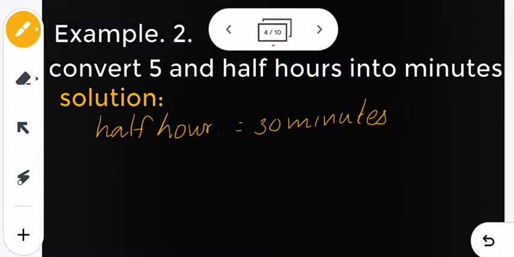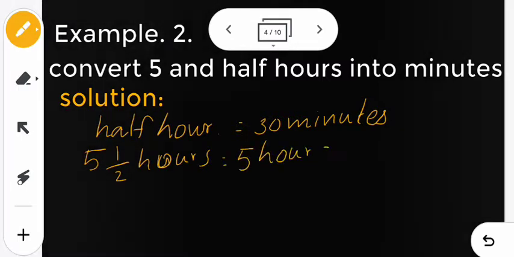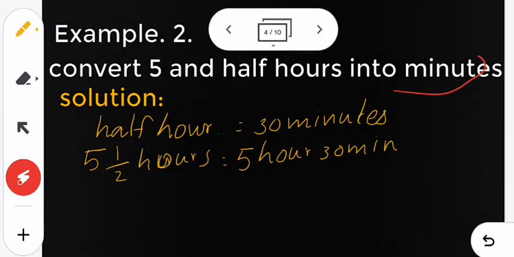So we have here 5.5 hours. You can write it as 5 hours 30 minutes. So this one you have to convert into minutes. 5.5 hours into minutes, so hours into minutes.